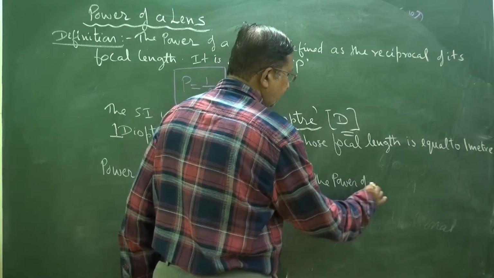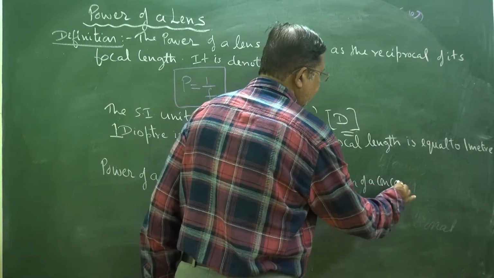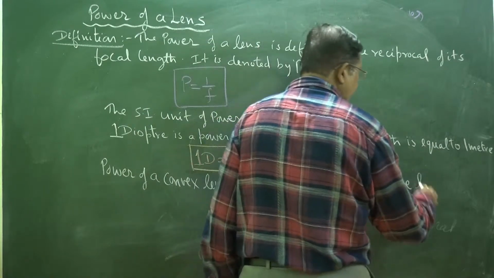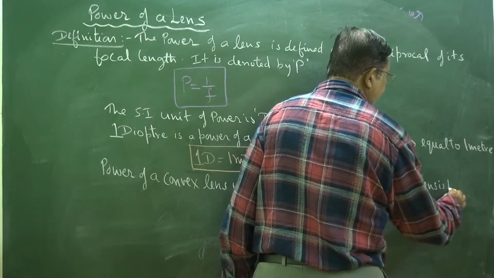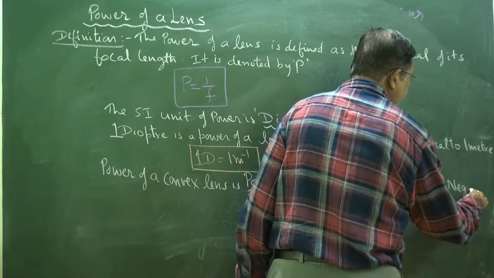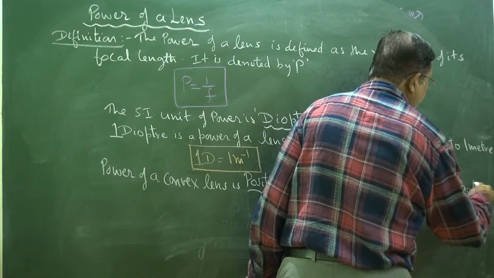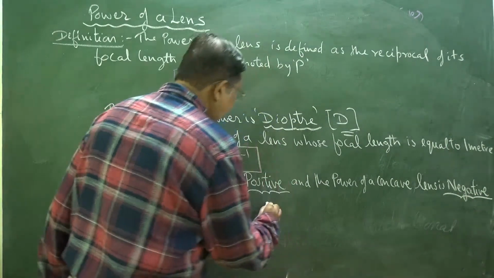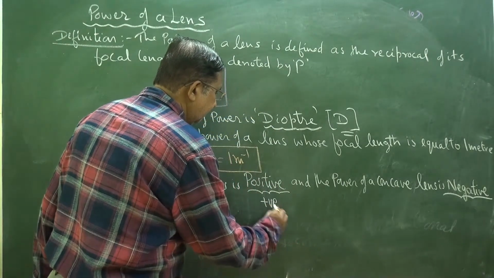The power of a convex lens is positive, and the power of a concave lens is negative.